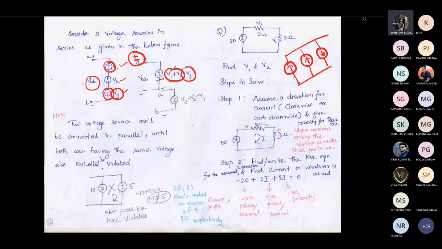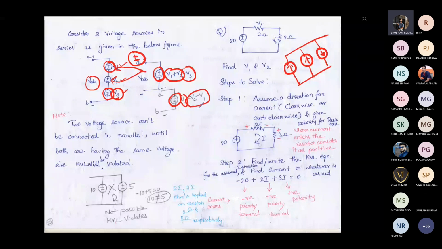Now you can see that I have drawn this plus minus according to V1 and V2. If I want to draw this equivalent source according to V3, then you just make it like this. Then V3 will be considered positive, and you subtract the other two sources, which have the opposite polarity.